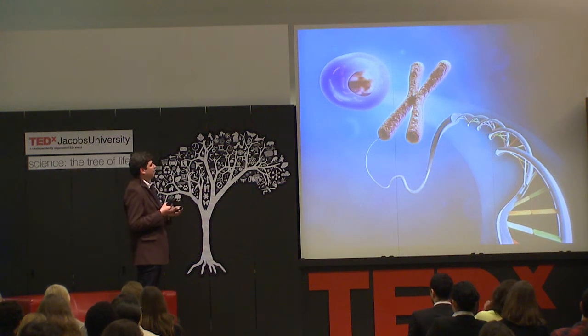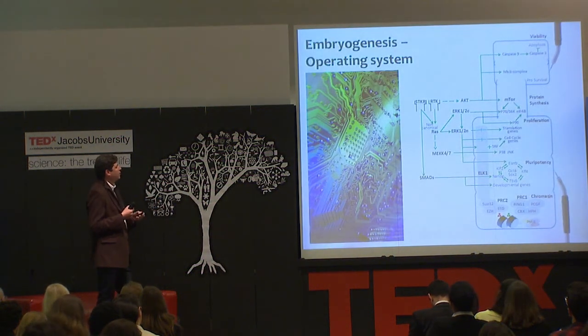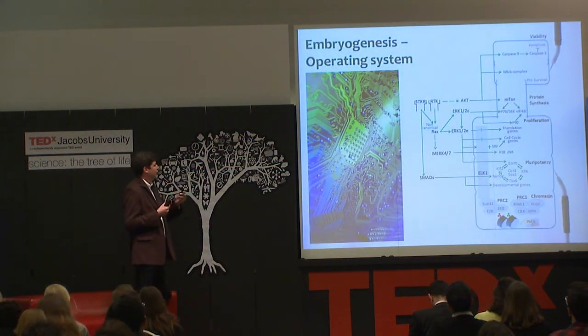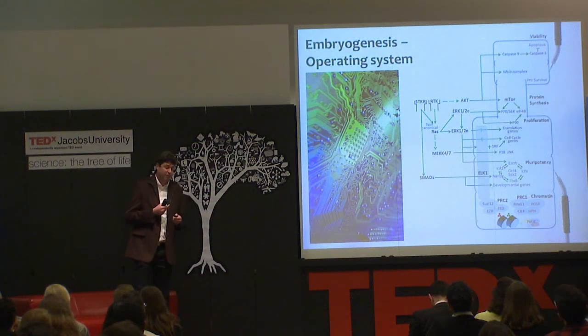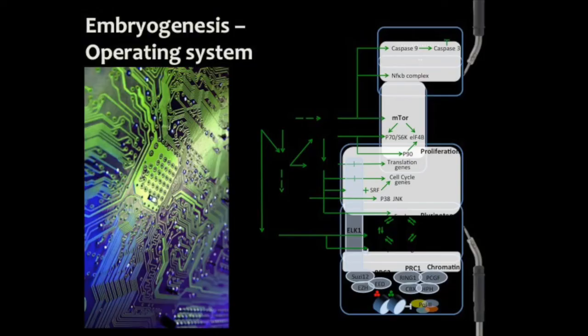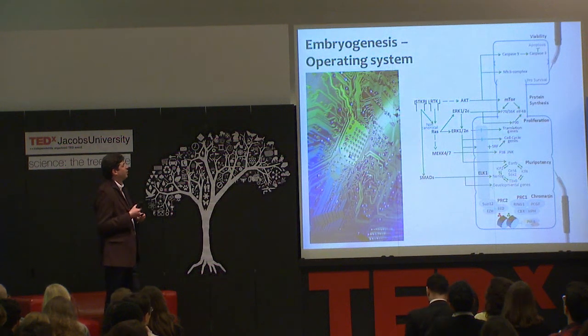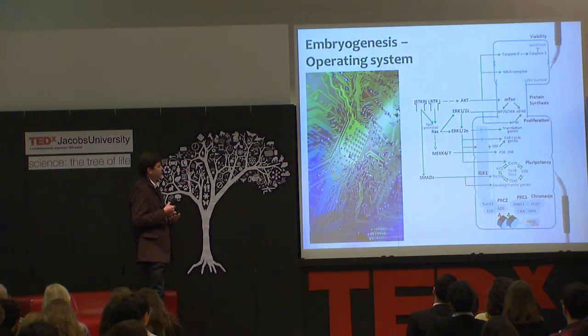So let me show you a bit about the approach that we are taking to analyze the way that we create ourselves. We can treat these pluripotent stem cells, embryonic-like cells, as an operating system or electrical circuitry. That's what they are, essentially. They are little machines. And you can see on the right-hand side a depiction of the processes that we think actually controls the early differentiation of pluripotent cells.